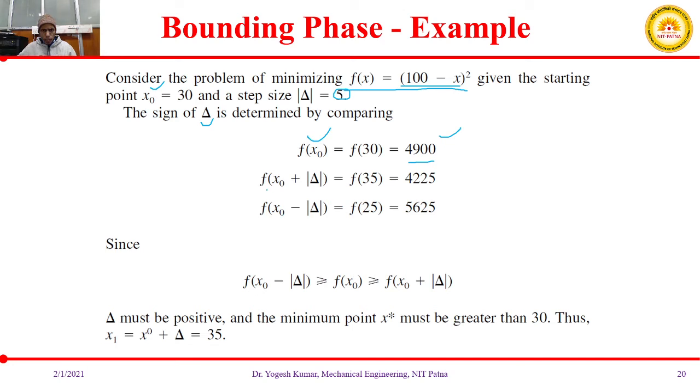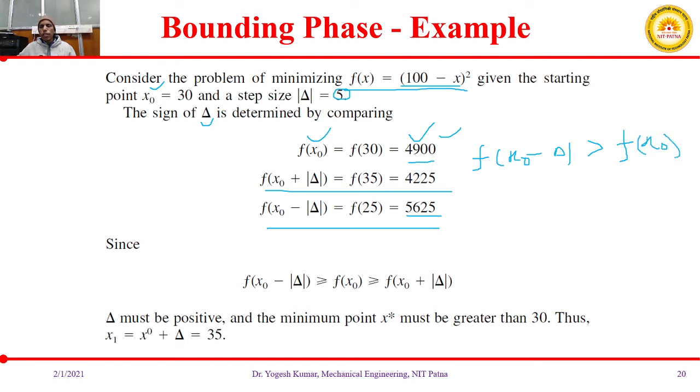Okay, so here what condition is satisfying? f(x0 minus delta) here is greater than, because obviously this is greater than your 4900, f(x0), and this is again greater than your f(x0 plus delta).